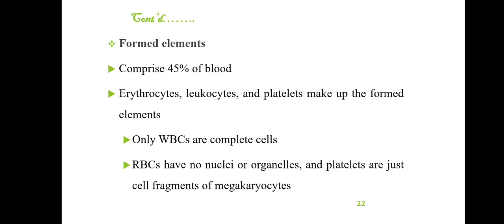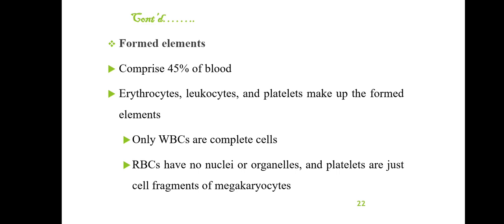So we should know that only the white blood cells are complete cells. Let me explain this one. For something to be called a complete cell, it needs to have a nucleus, because the nucleus controls cell activity. So if a certain cell has a nucleus, it means it's controlling its own cell activity. So it's considered a complete cell.